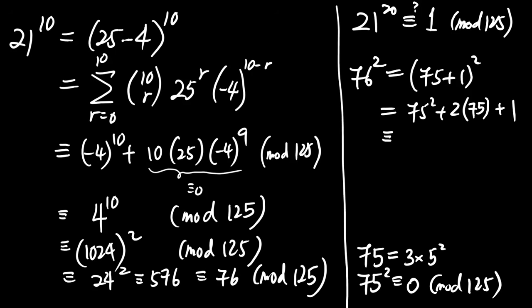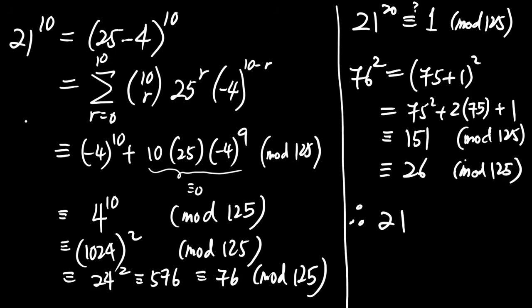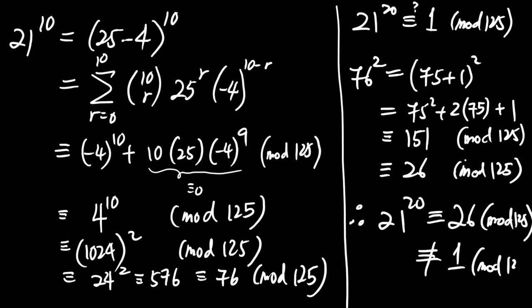So this is congruent to 151 mod 125. That is congruent to 26 mod 125. This means that 21 to the power of 20 is congruent to 26 mod 125. And obviously this is not congruent to 1 mod 125.